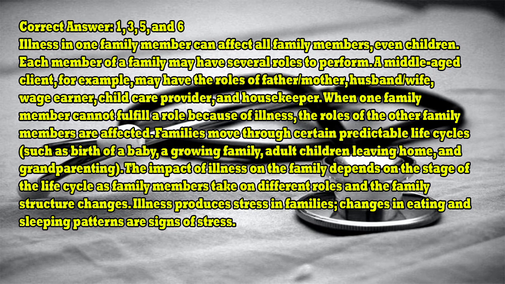Families move through certain predictable life cycles, such as birth of a baby, a growing family, adult children leaving home, and grandparenting. The impact of illness on the family depends on the stage of the life cycle as family members take on different roles and the family structure changes. Illness produces stress in families. Changes in eating and sleeping patterns are signs of stress.